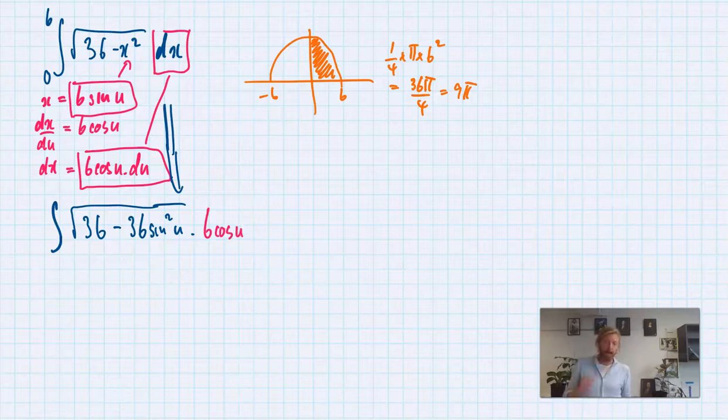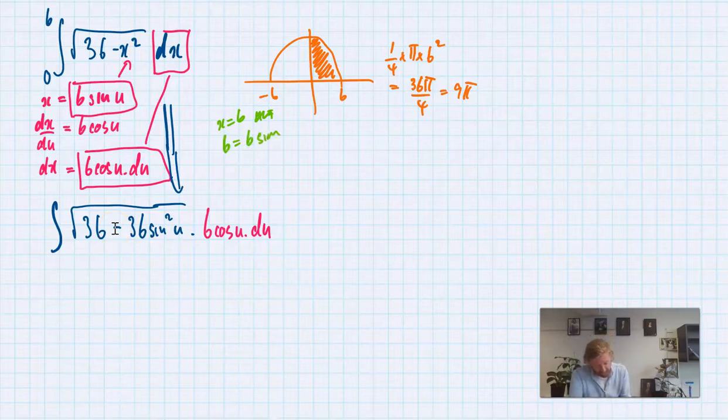Now I've got my bounds to contend with here. So I'm going to say when x equals 6, 6 equals 6 sine u, so sine u equals 1, u equals pi on 2. Okay, good with that.